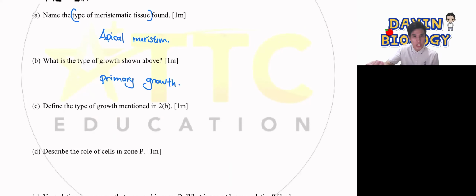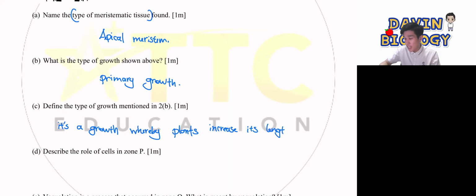Primary growth is basically for the plant to grow tall. Remember, I said it increases the length. So you can say it's a growth whereby plants increase its length. If it's secondary, then diameter.